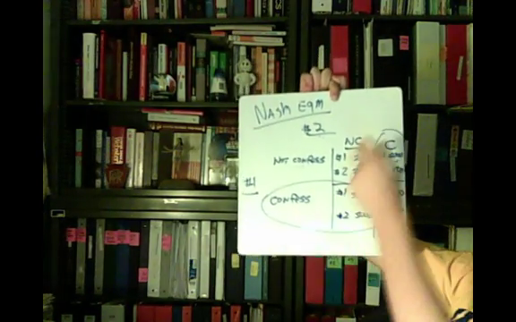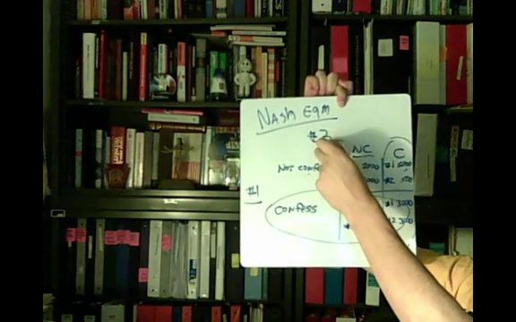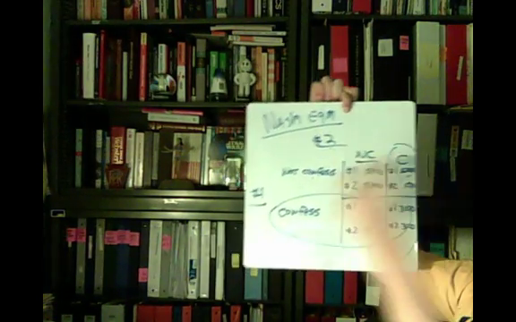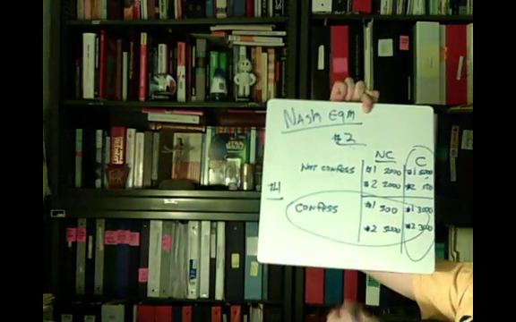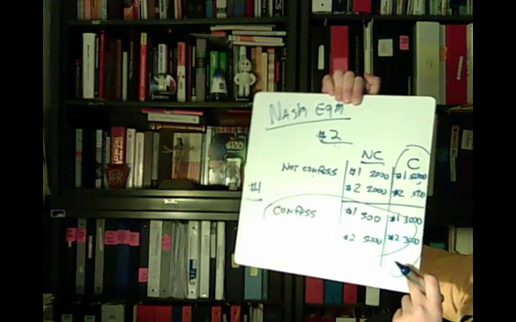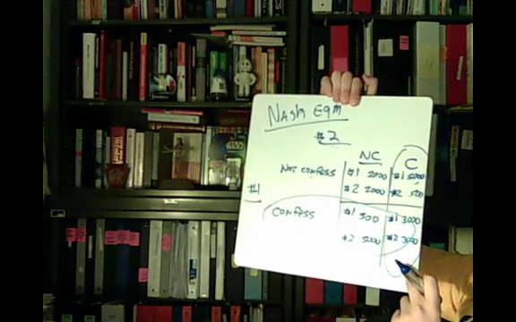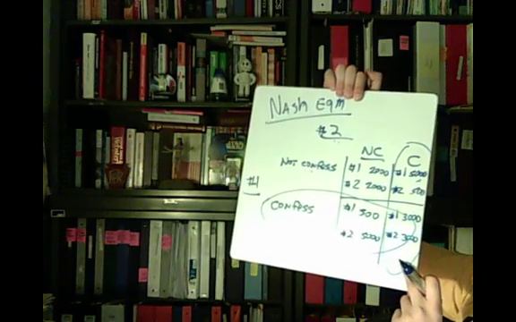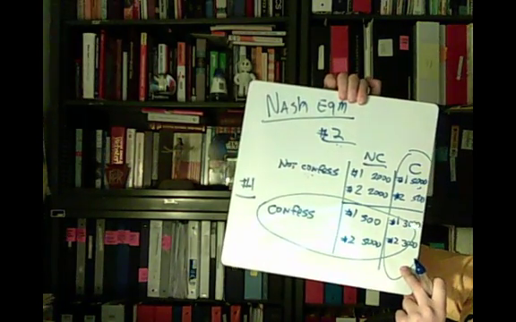In this case, player 2 will have a dominant strategy of always confessing, player 1 always confessing. This is an equilibrium. This is a stable point. Each player doing the best that they can with full knowledge that the other player is doing the best that they can.